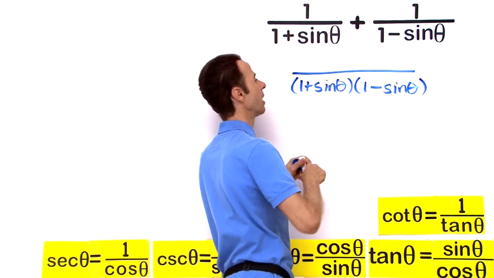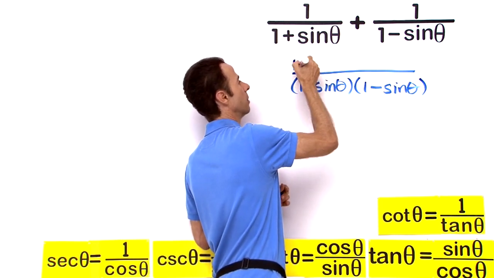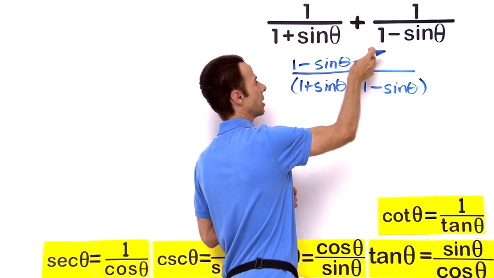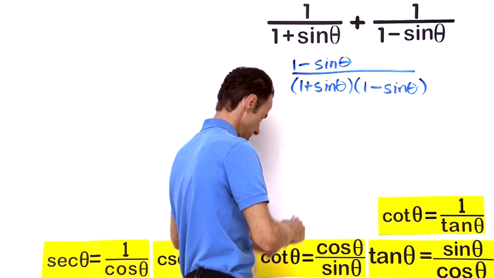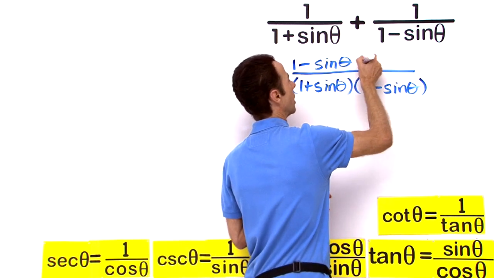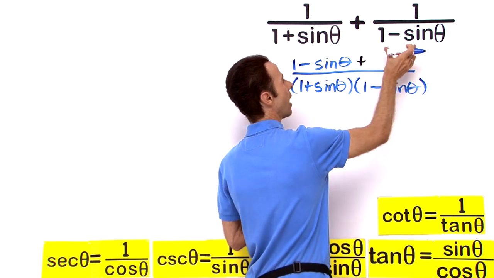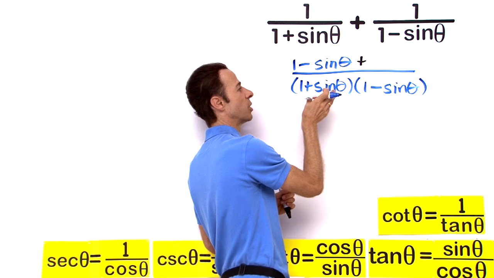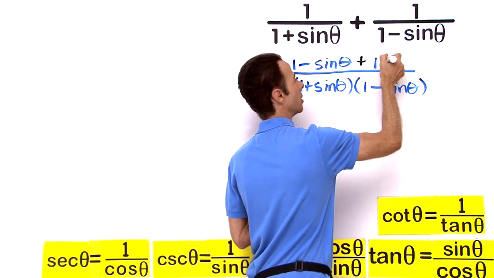So up here we have 1 minus, drag the plus down here. And over here, let's divide 1 minus sine theta into the denominator. We're left with this, so we multiply this up here.